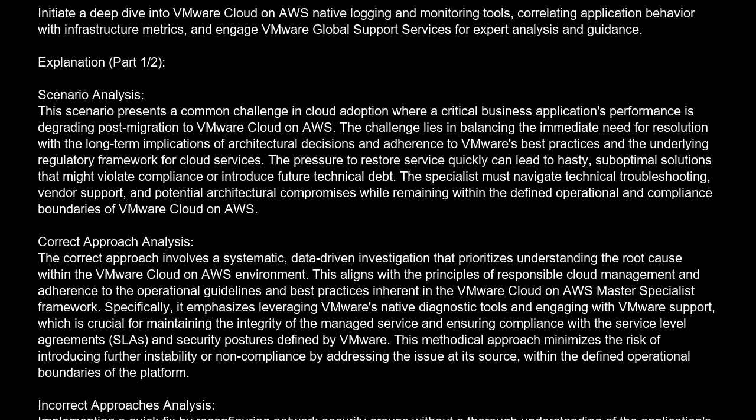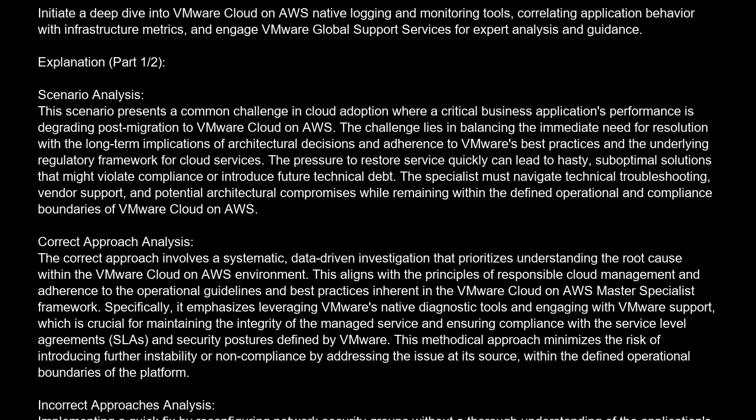Correct approach analysis. The correct approach involves a systematic, data-driven investigation that prioritizes understanding the root cause within the VMware Cloud on AWS environment. This aligns with the principles of responsible cloud management and adherence to the operational guidelines and best practices inherent in the VMware Cloud on AWS Master Specialist Framework.